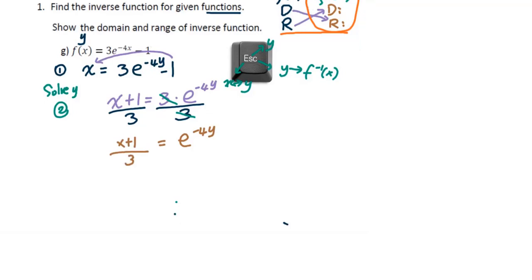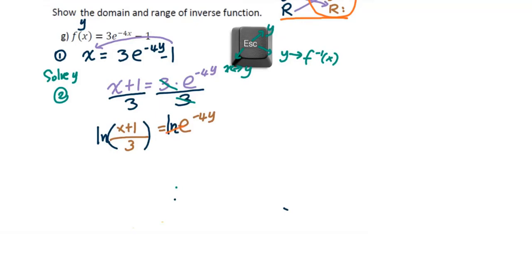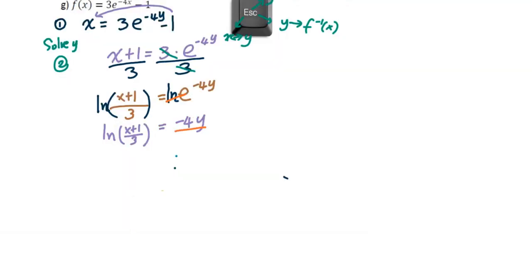Then we take the natural log of both sides. For the natural log of e, we cancel. Then we get negative 4y equals natural log of (x + 1) over 3. Then we divide by negative 4. We get y equals negative 1 over 4 times natural log of (x + 1) over 3.